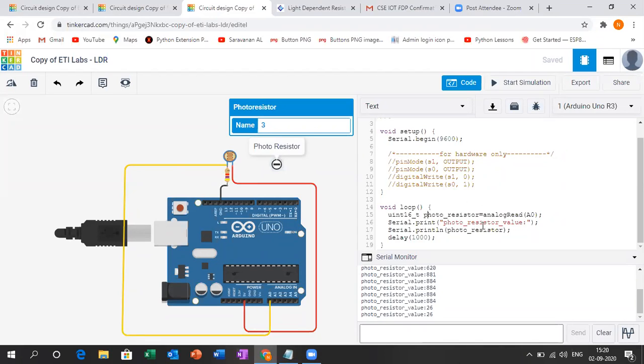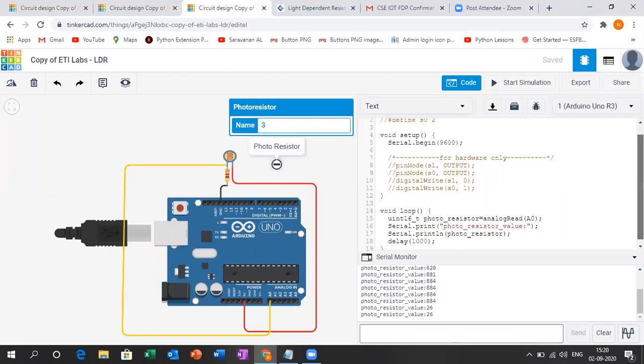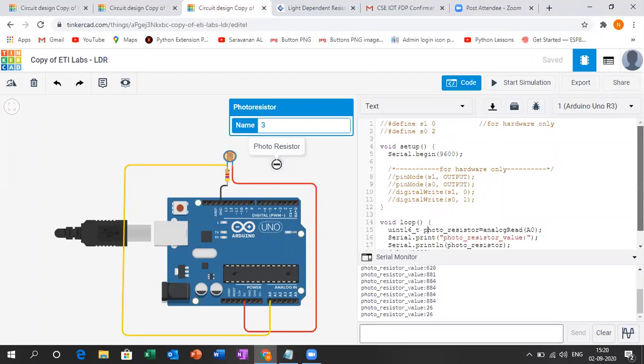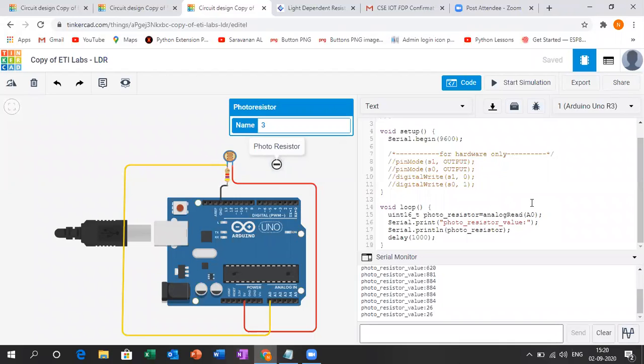After that, I simply print that value with Serial.println(photoresistor). So each time any value is found on the A0 pin of Arduino, it prints on the serial monitor. So I start the simulation to explain it better.